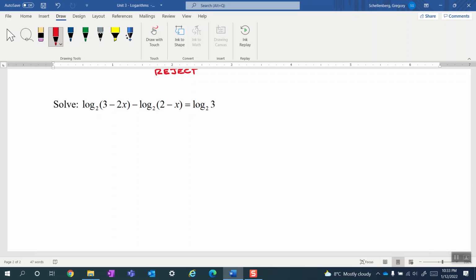So log base 2 of 3 minus 2x. The restriction is the argument must be greater than 0. So what values of x make this argument greater than 0? Any value that is less than 3 over 2.